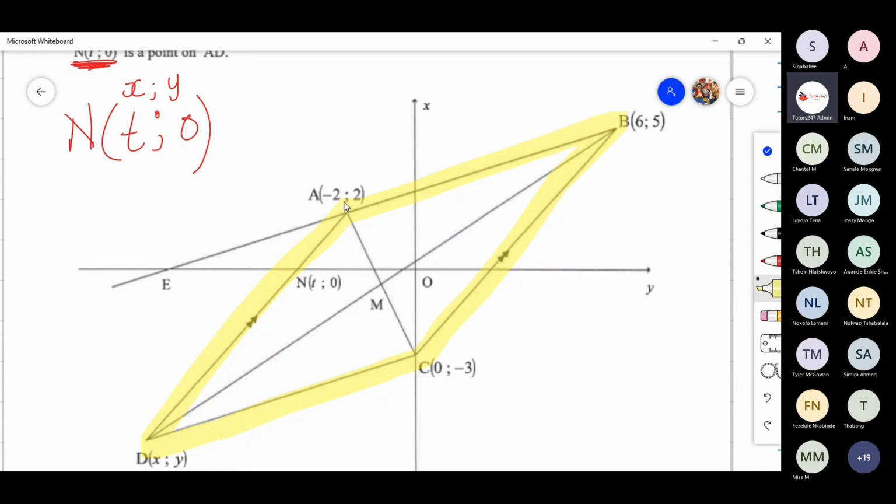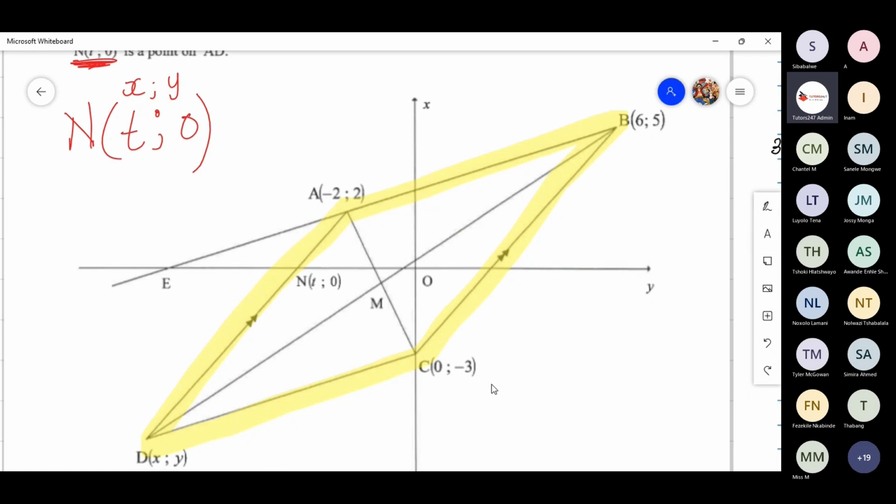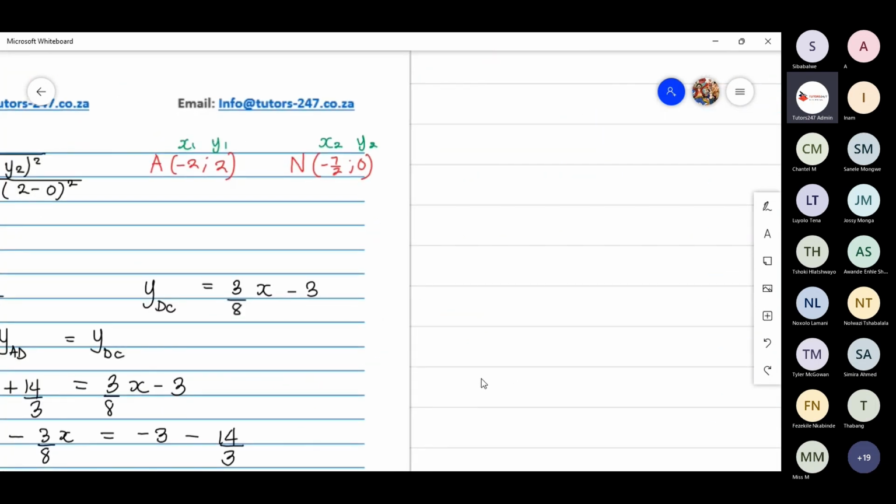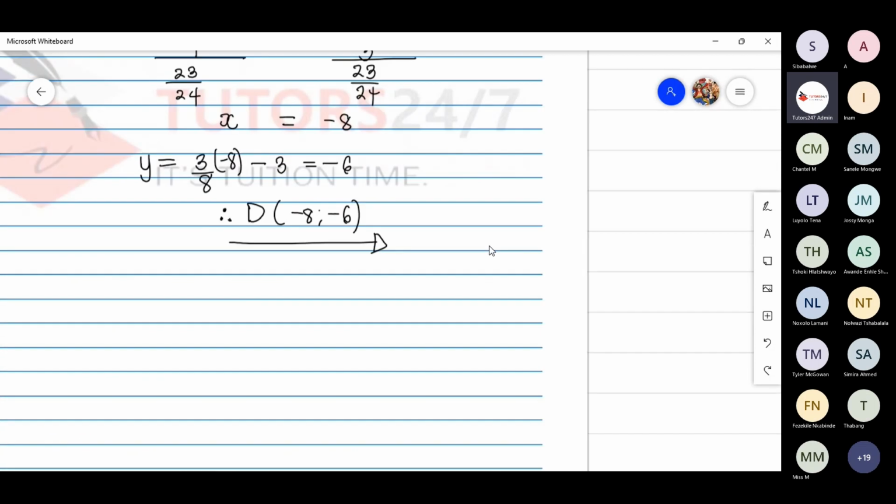It's already given in the question. I would recommend you go and prove that AB is parallel to DC. That will show opposite sides parallel. Instead of going and showing AD parallel to BC, because it's already stated, so you're just doing extra work for nothing. So let us go and prove that AB is parallel to CD.